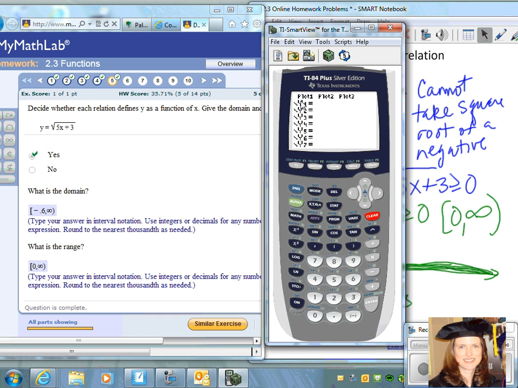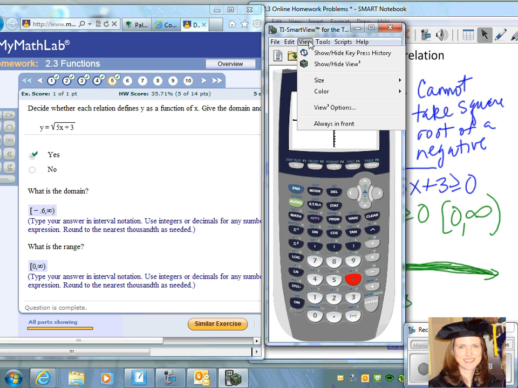Make sure that none of those plots are shaded and everything is clear. Then enter the expression square root of, and you can use parentheses here, 5x plus 3, close the parentheses, use the arrow to the right, and I do a standard graph, zoom 6, so you see the graph.